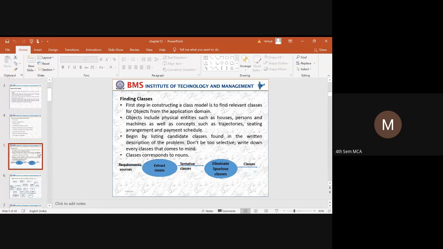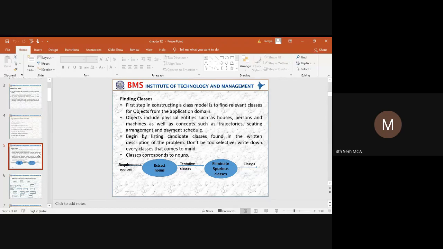And next, after listing all the classes, you need to eliminate the spurious classes. Whichever irrelevant classes are there, which you cannot treat as class names, you need to eliminate. Once you have eliminated those, you will get the actual classes. So this is how you prepare a list of classes.